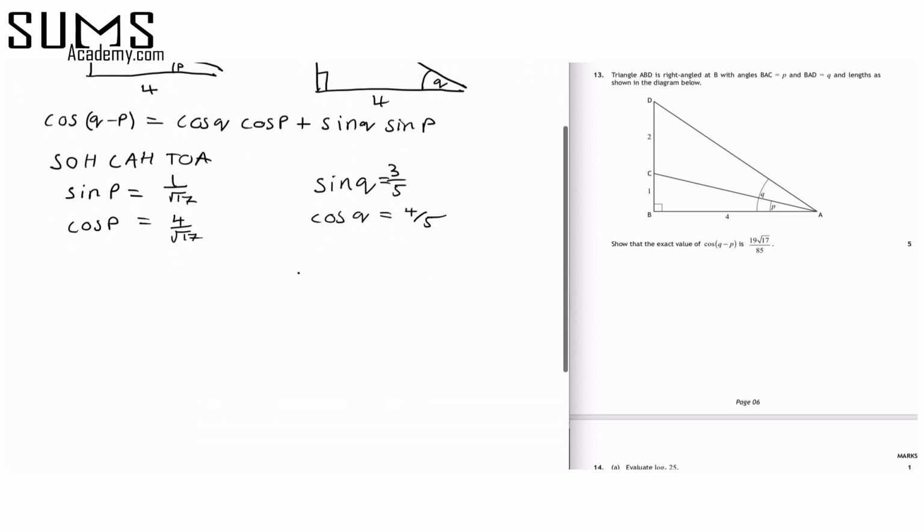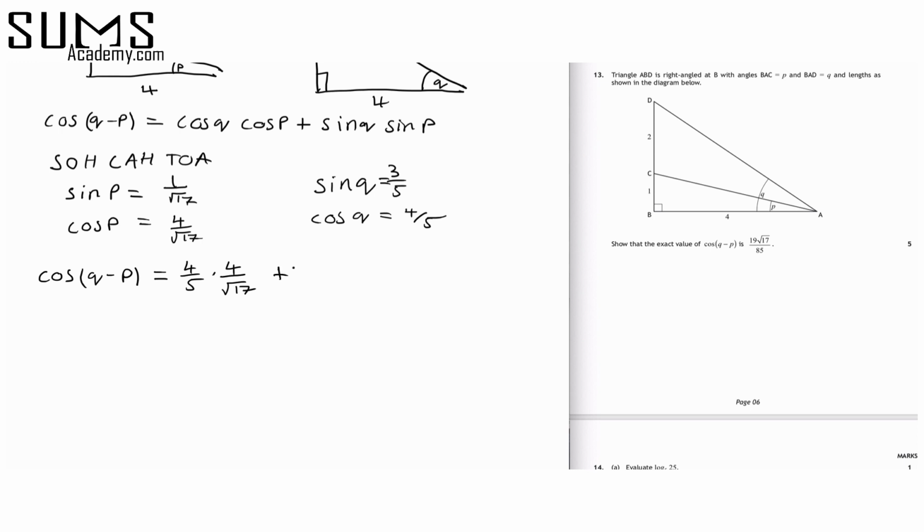Okay, so now we have everything we need to go into that expression. So it's just a case of subbing it in. So cos Q minus P is equal to cos Q, so 4 over 5, times cos P, which is 4 over root 17, and then plus sine Q, which is 3 over 5, and then sine P, which is 1 over root 17.